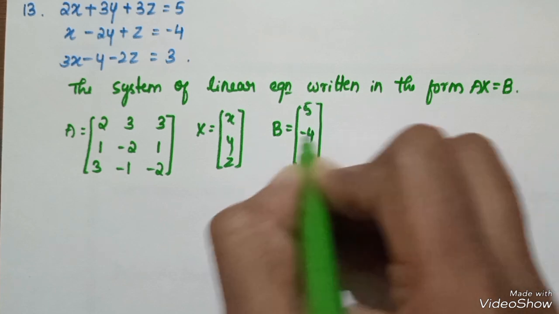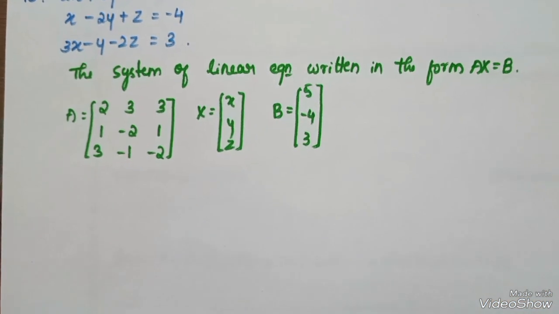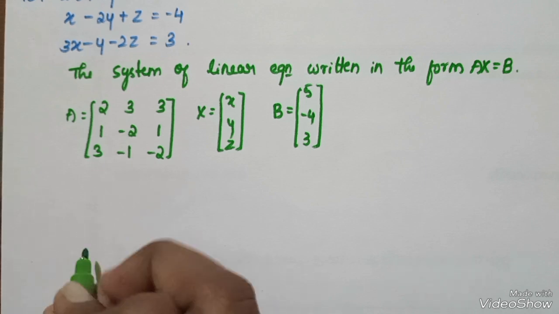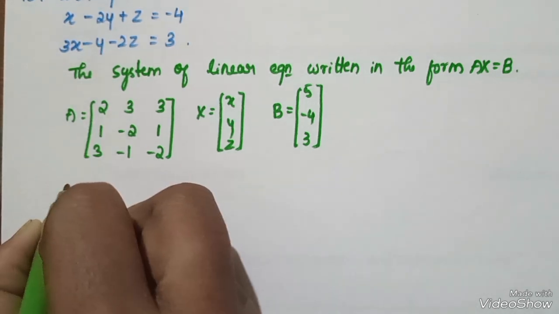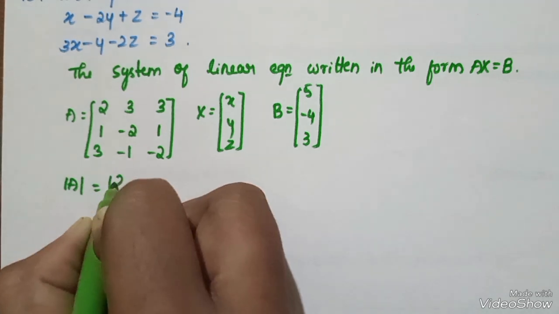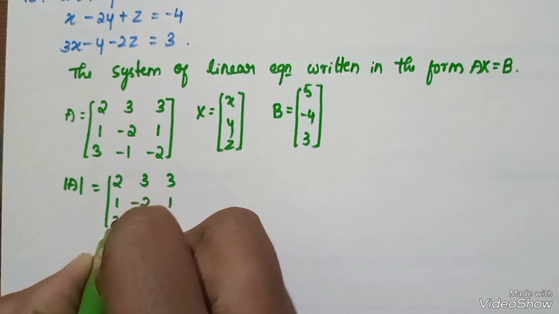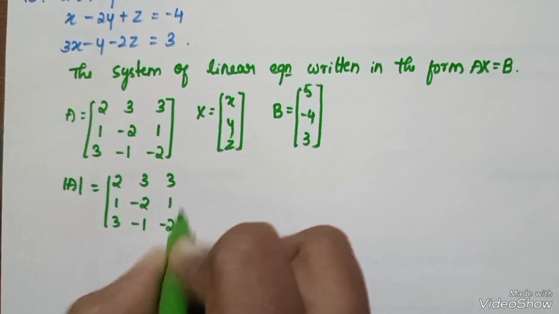This question will be asked 2 times in the annual exam. This is a very important question. Now second step, find the determinant of A. Determinant of A is equal to 2 3 3, 1 minus 2 1, 3 minus 1 minus 2.